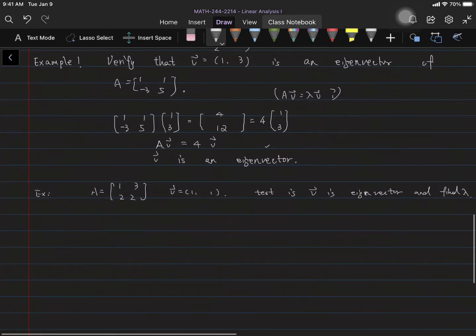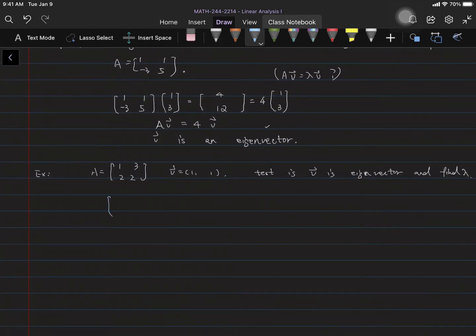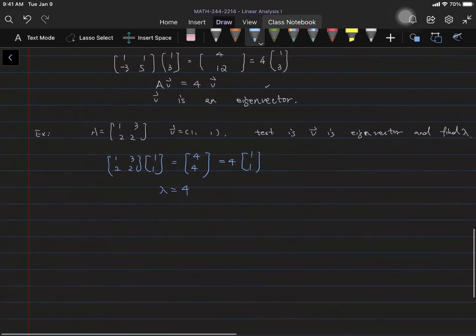It's pretty easy, so let me do this quickly. 1, 3, 2, 2. Do the product: 1 plus 3 is 4, 2 plus 2 is also 4. Factor the 4 out, 1, 1. So you can see this V is an eigenvector, and what's lambda? Lambda is 4.